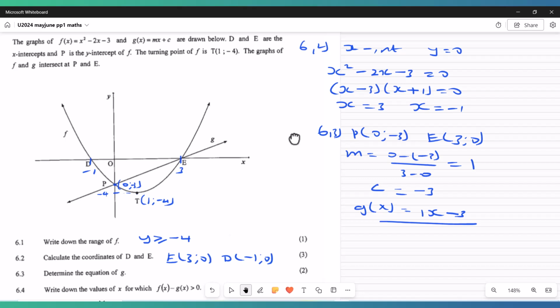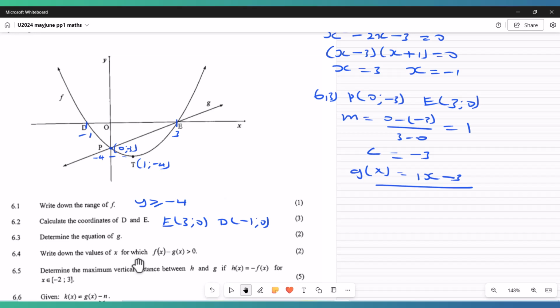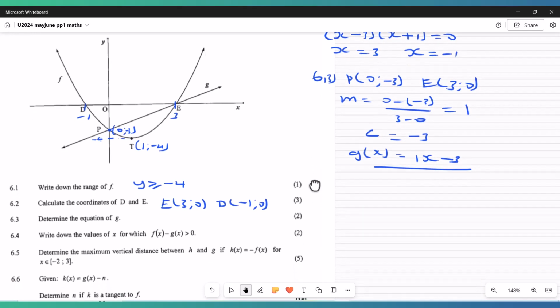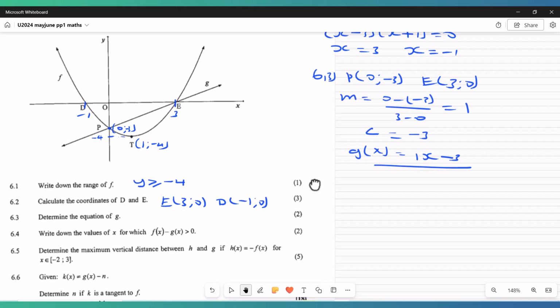Then 6.4, they said write down the values of x for which f of x minus g of x is bigger than 0. So in this case, if I want to do this one, I have to rewrite it properly. That's 6.4. I'm going to write it as f of x, instead of saying minus, I'm going to say is greater than g of x.